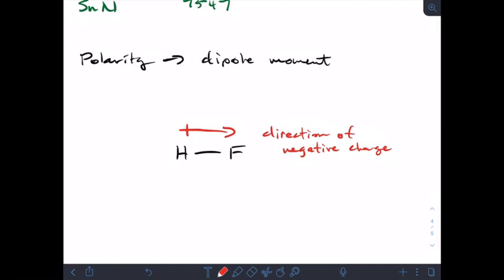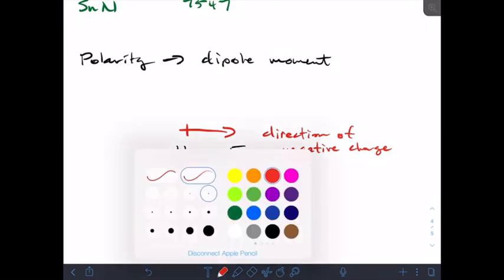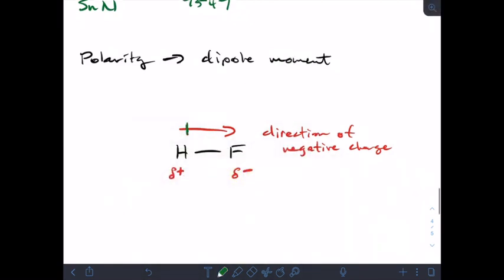Okay, so the arrow points in the direction of the negative charge, which means that the fluorine side of things, and we use a little symbol, Greek delta, a little squiggle, the fluorine side has a negative charge to it, and the hydrogen side has a positive side to it. Okay, and when I was in Gen Chem and learning all this stuff, I had a hard time figuring out which end of the arrow was telling me what, until I clued on to the fact that this is why we have the cross.